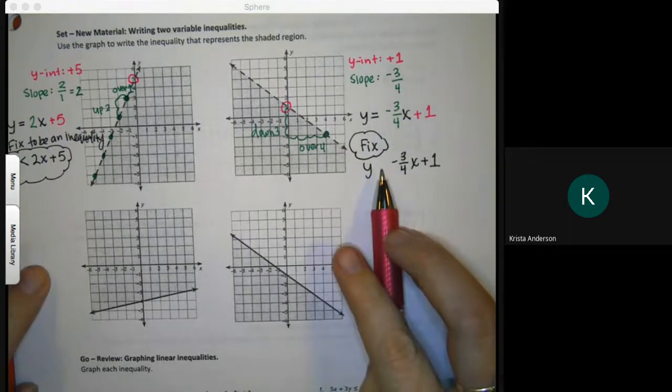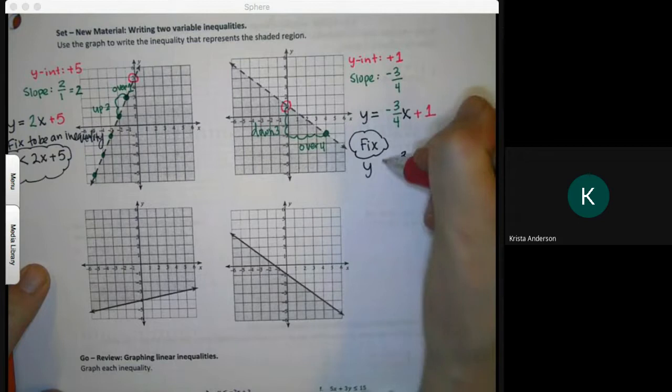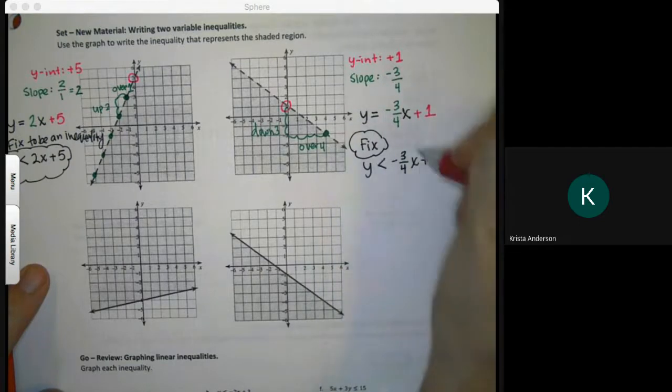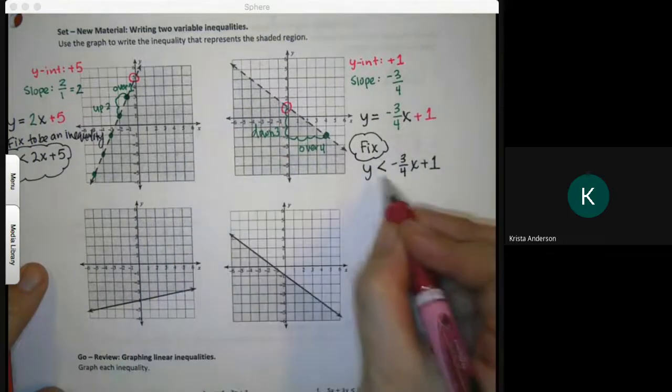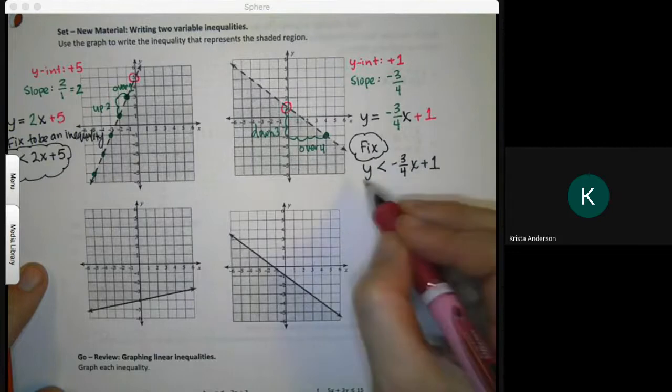If it is shaded below, that means that y is smaller than the line. Y is smaller than my line. Because it is dashed, I don't put my equal sign under it. I leave it like this.